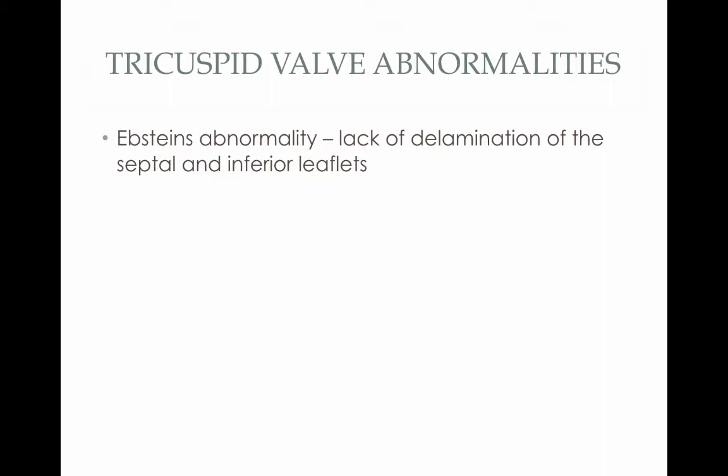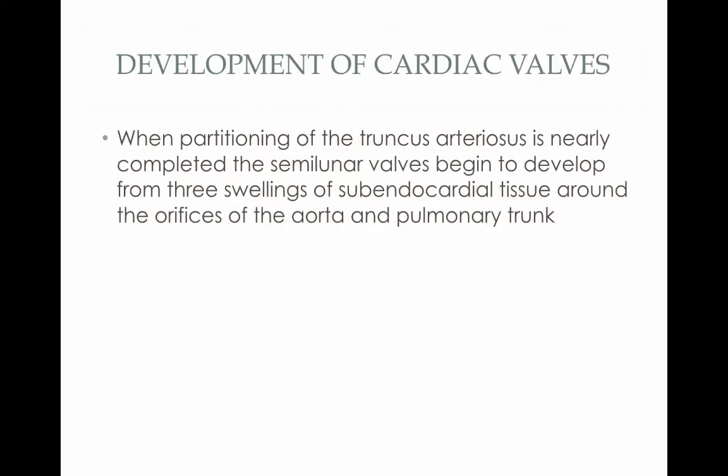Later we'll talk about the cardiac crux, but it sits further towards the apex. Again, we have atrialization of the right side of the heart, so a huge right atrium and small right ventricle, with malalignment of the tricuspid valve causing regurgitation.